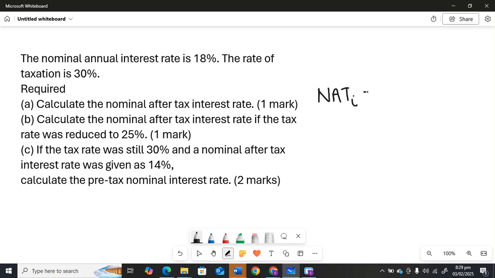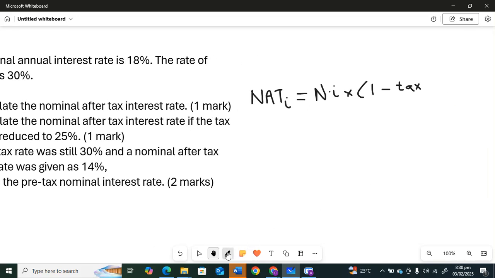NATI equals the nominal interest rate, which I write as NI, multiplied by 1 minus the tax rate. Remember, after taxes are applied, the return that you get or the interest that you get is going to be reduced because some tax has been taken out.